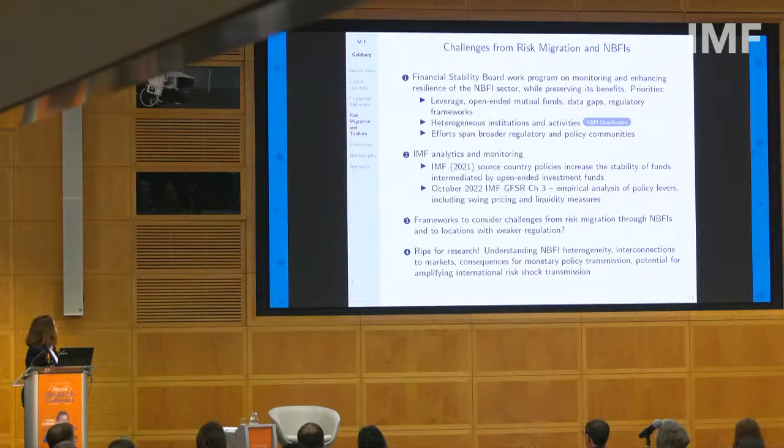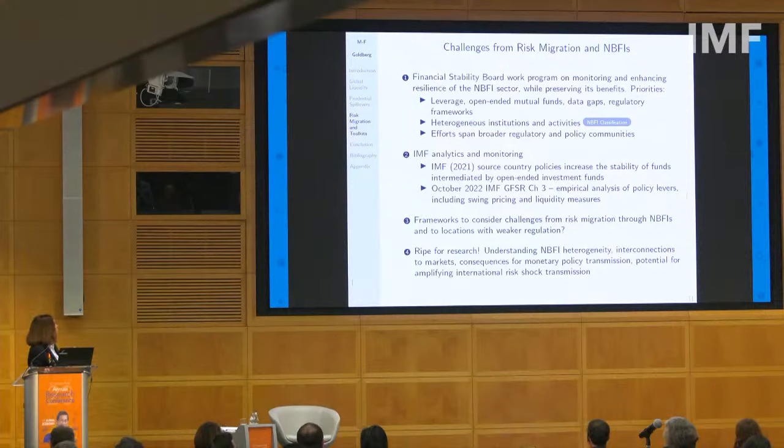The priorities are working on leverage, open-ended mutual funds, data gaps, and regulatory frameworks. They're working on heterogeneous institutions and activities, mapping those, and the efforts span the broader regulatory and policy communities. The IMF analytics and monitoring, and this could be expanded on in the discussion.